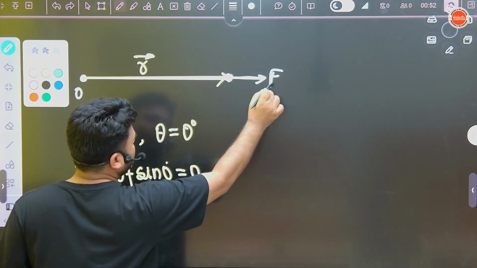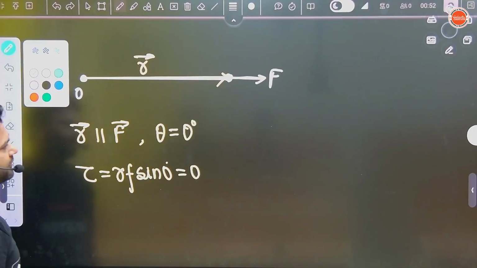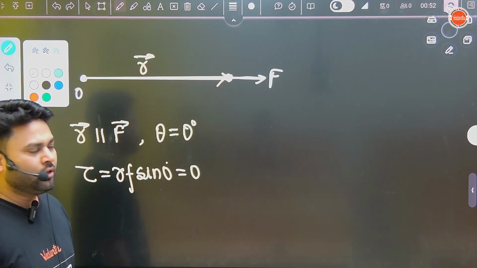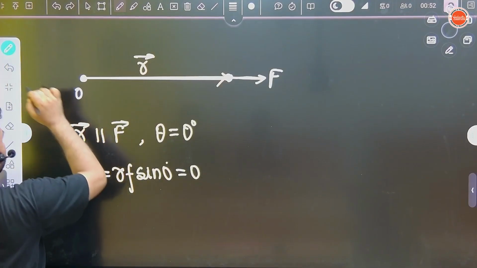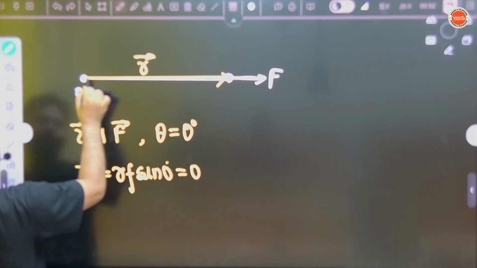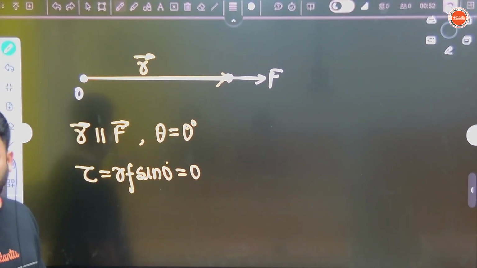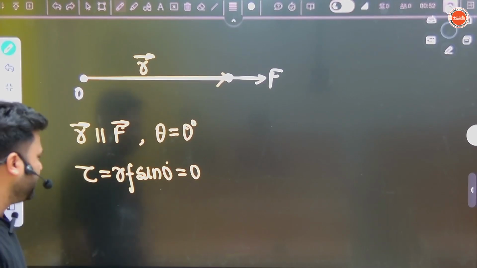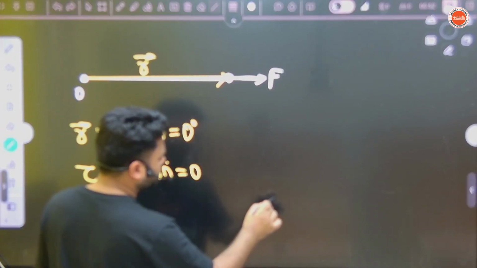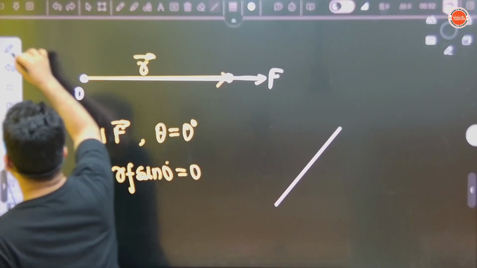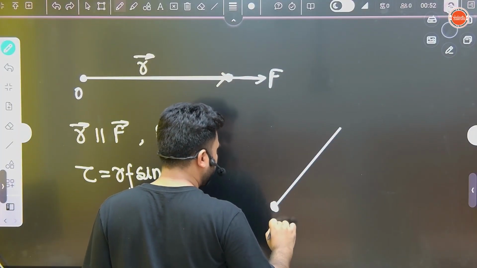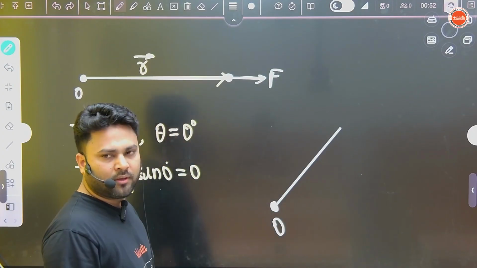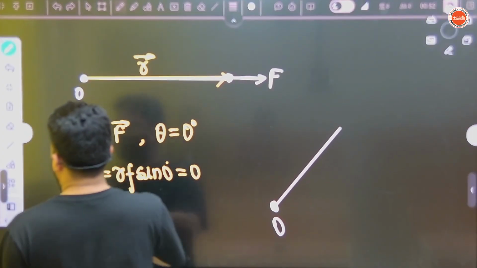if the force or line of force passes through center of rotation, see this force, if I extend back, it passes through center of rotation, the object will not rotate. Like for example, this is my center of rotation, and you have applied force like this.